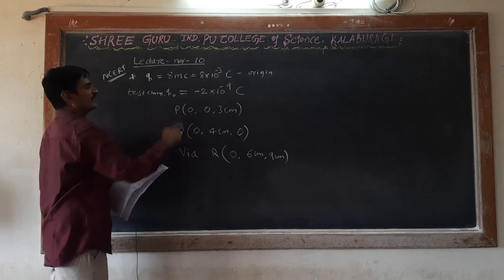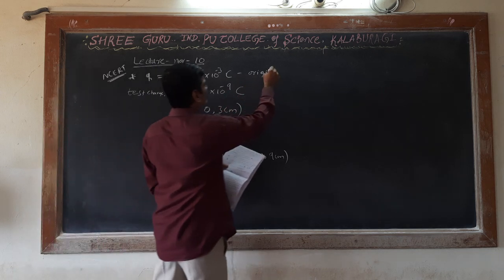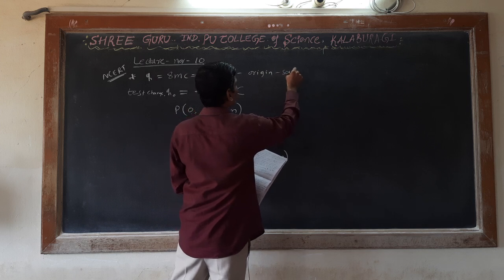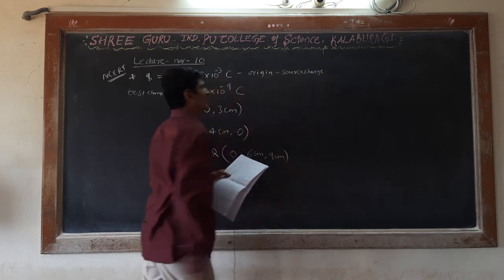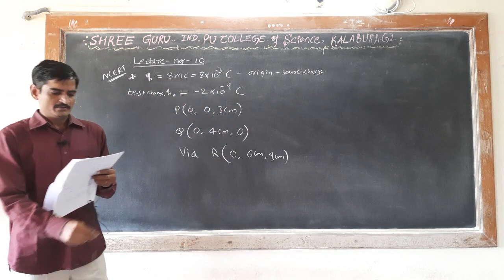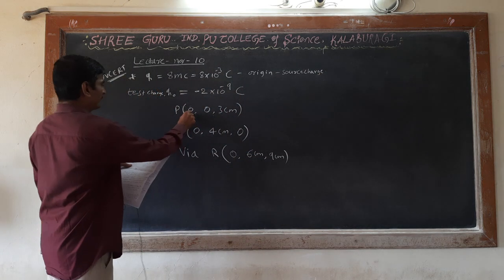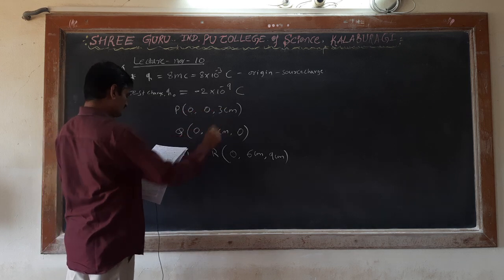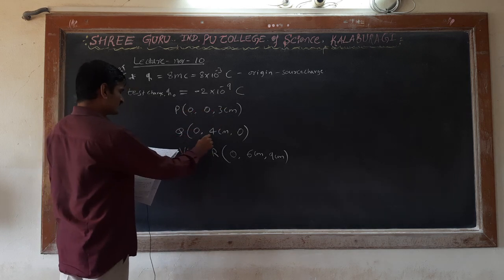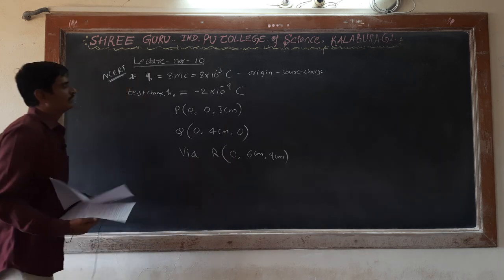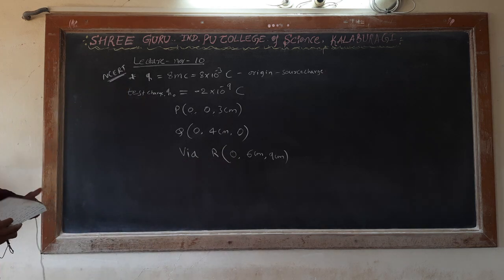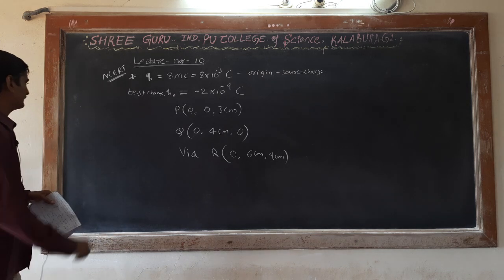This charge is to be moved, that means it is a test charge, and this will be a source charge. Identify the charges properly. Work done from point P, 0, 0, 3 centimeter to a point 0, 4 centimeter, 0 via a point R. Okay. So now let us try to draw the diagram, then it will become simple.